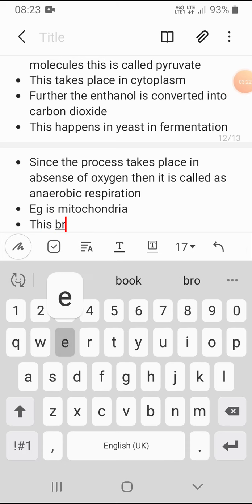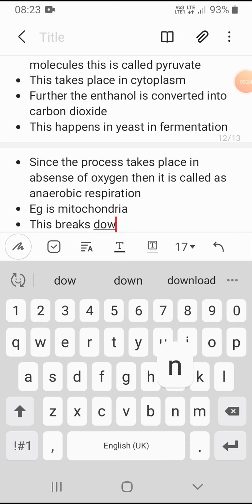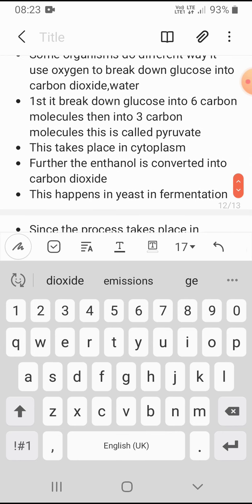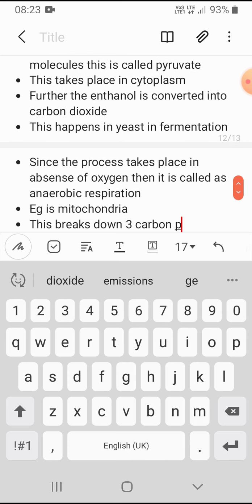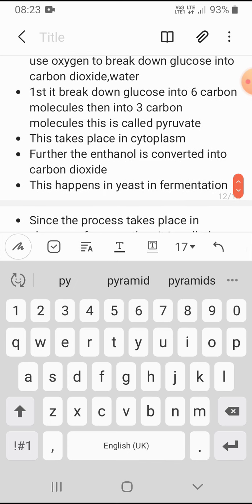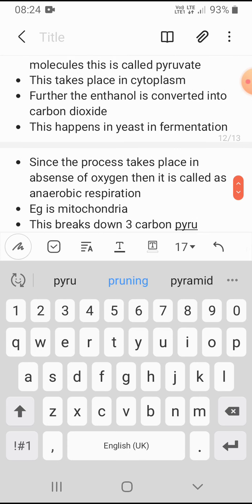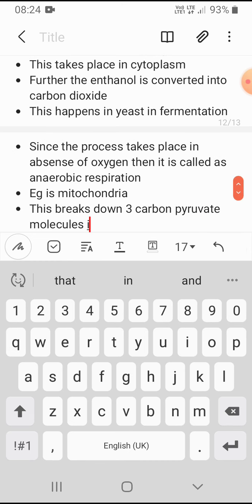Then there is the mitochondria. This breaks down the three carbon pyruvate molecules into three carbon dioxide molecules.